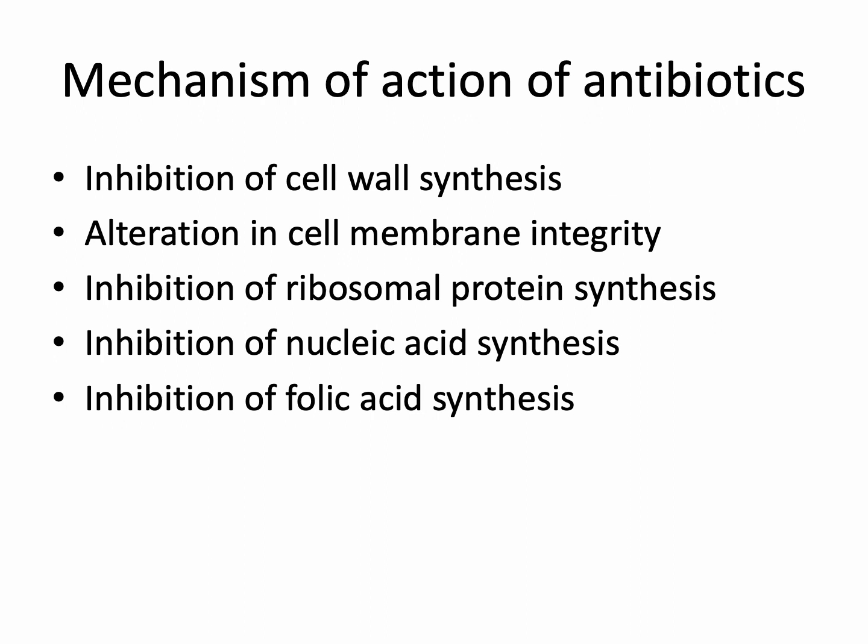There are five mechanisms of action of antibiotics. Inhibition of cell wall synthesis. Some antibiotics may cause alteration in cell membrane integrity. Some may inhibit ribosomal protein synthesis. Some may inhibit nucleic acid synthesis, and some will inhibit folic acid synthesis.